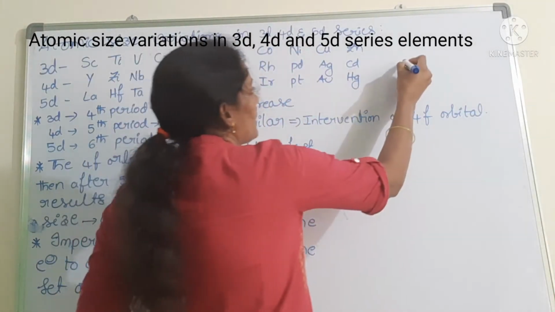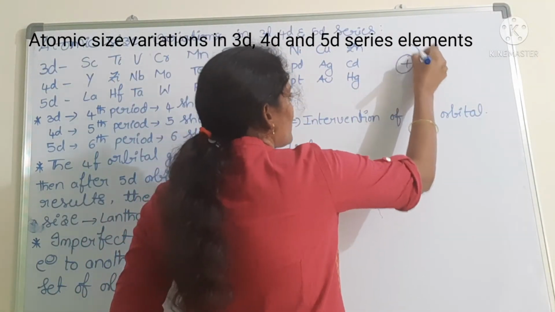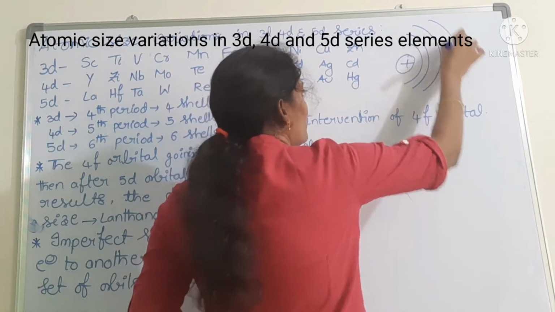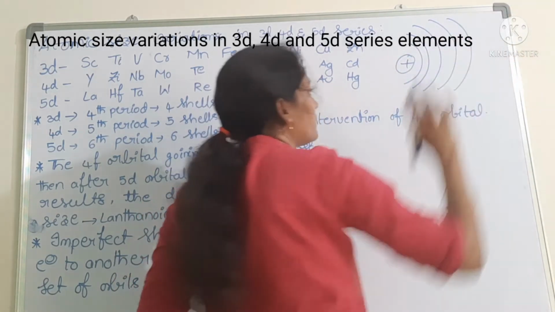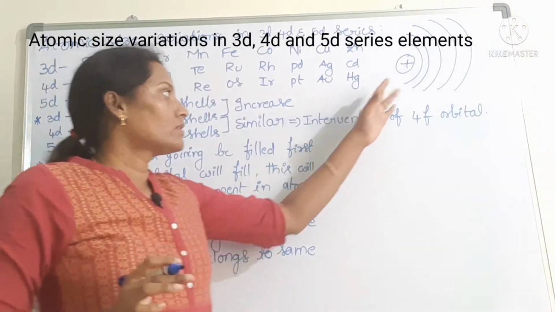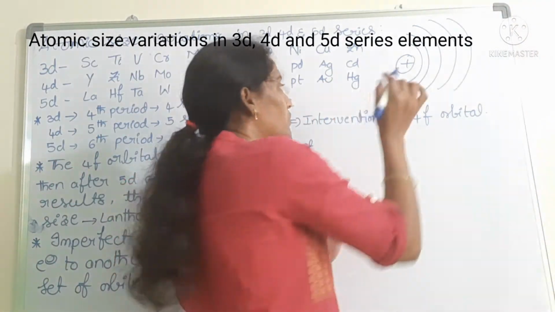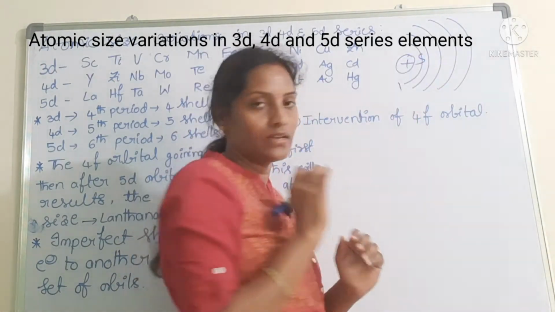See here, if this is a nucleus, this is the first shell, second shell, third shell, fourth shell, fifth shell, and so on. The first main shell contains only one subshell, the S subshell.